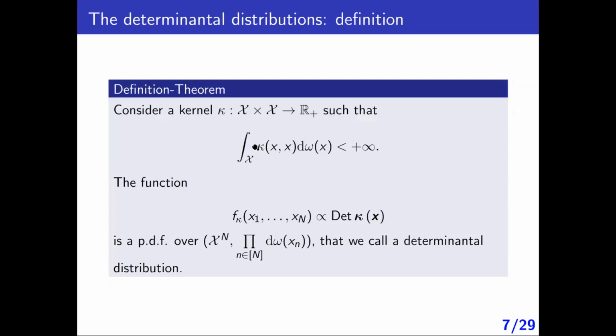Kappa could be different. And we assume that the diagonal is integrable with respect to d omega. Under this condition, we can prove that the function that is proportional to the determinant of the kernel matrix of kappa is a probability density. We can define a probability density using this, and we call it a determinantal distribution.